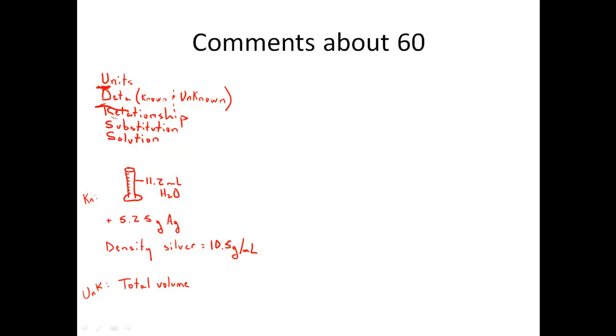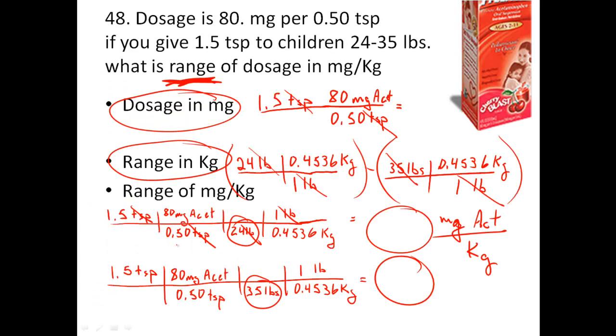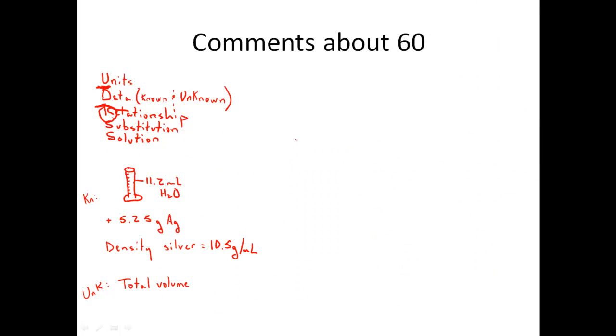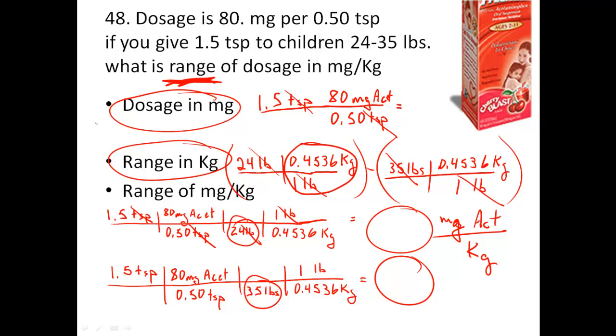Make sure you show any relationships you might use. Like in this case, you're going to have a bunch of units that are your relationships. Just like back here, our relationships were these units and numbers in the problem. And substitution, we've called that things like substituting in the correct values here.